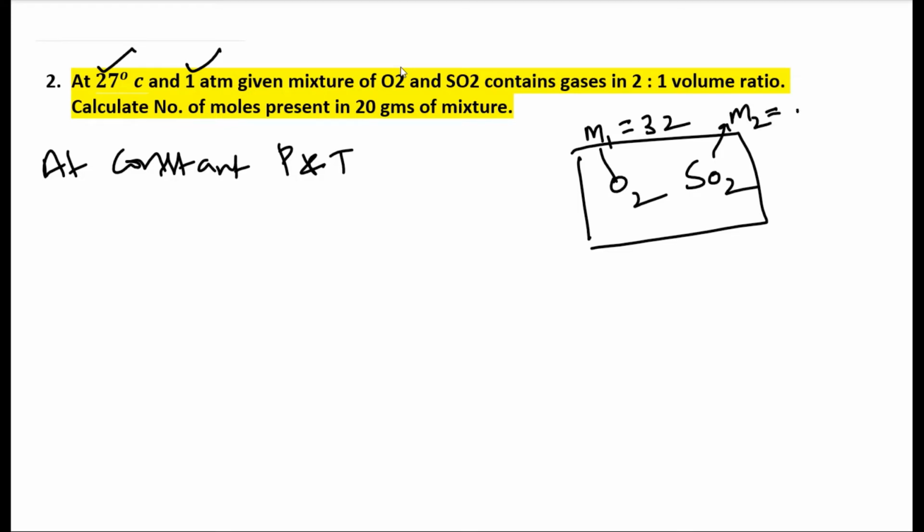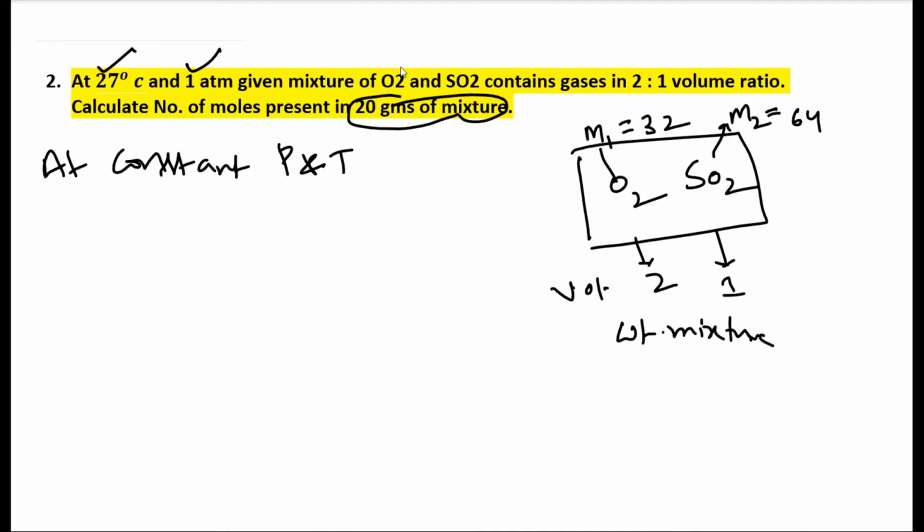The volume ratio is given. The volume ratio of O2 is 2 and SO2 is 1. And they also gave one more piece of information, the weight of the mixture. It is 20 grams. So please closely observe.